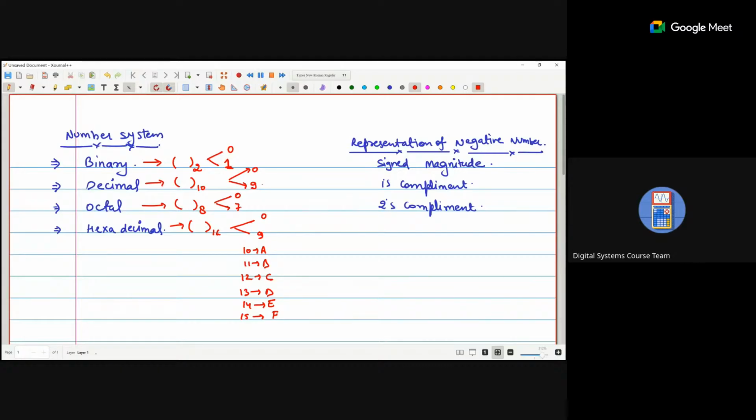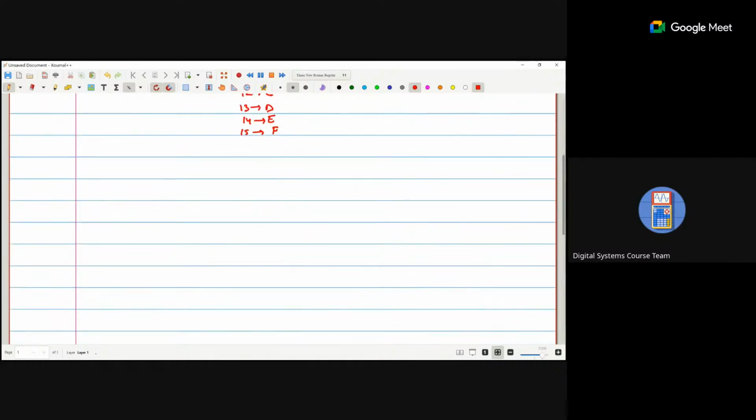Now the thing is where we use these. For our understanding, when a number is given like 88, generally the base is 10, so it is easily understandable for a user.